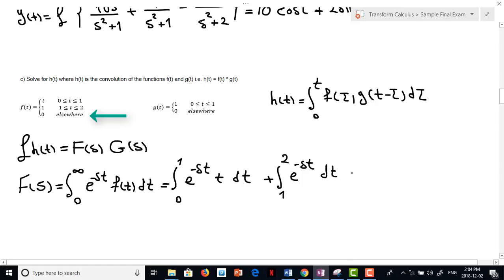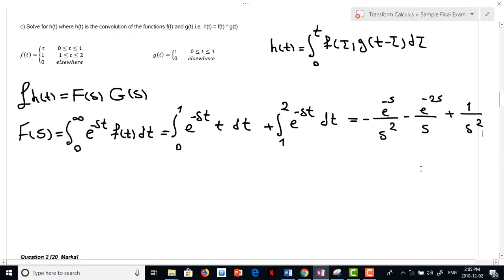So you can easily find this integral. The first one you have to use integration by parts. The second one is very simple. So you're going to end up with minus e to the power of minus s over s squared minus e to the power of minus 2s over s plus 1 over s squared.